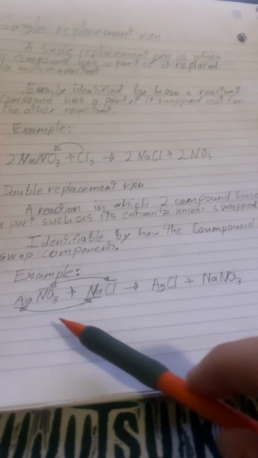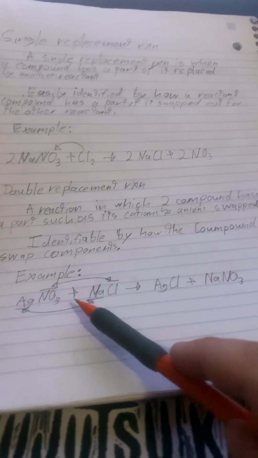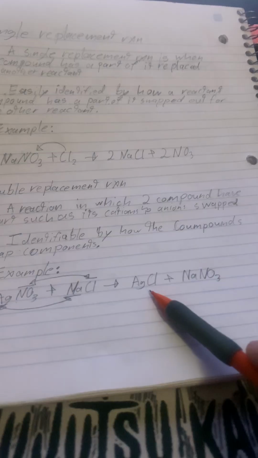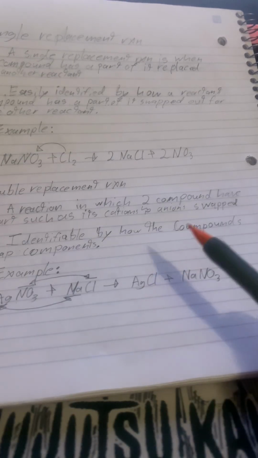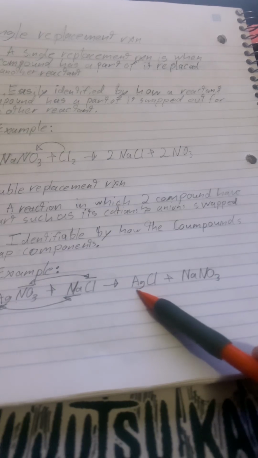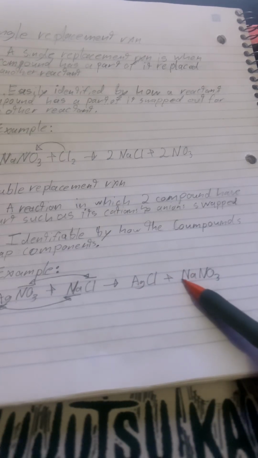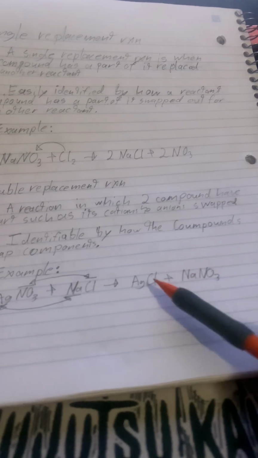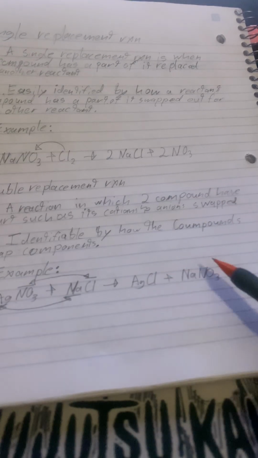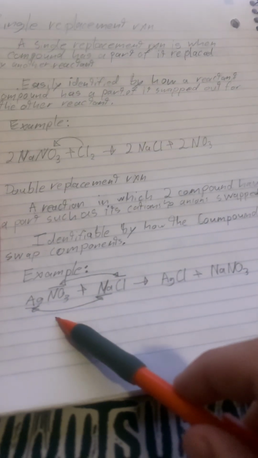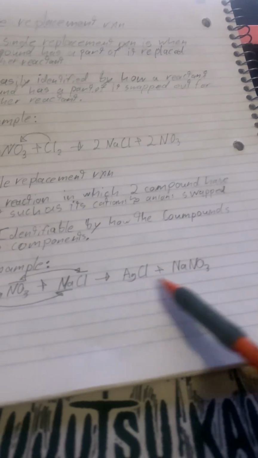The components of these two, of course, are silver nitrite and sodium chloride, where they swap their cations or anions, whichever way you want to look at it, where the silver and the sodium, my apologies, and the chlorine and the nitrite swap places, as shown over here with the end product over here.